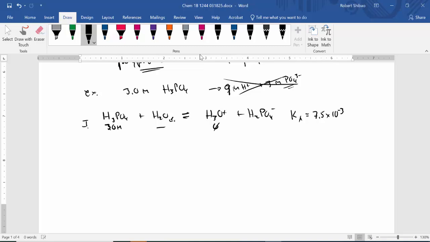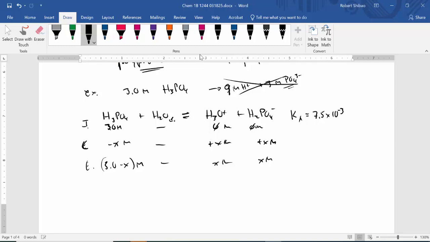All right, now what we're going to do is we're going to go ahead and calculate what happens here. So that it's going to be a change. Change is going to be minus X molar, plus X molar, plus X molar. And so at equilibrium, I'm going to get 3.0 minus X molar, and X molar, and X molar. I'm using the book's example here. The book picked 3 molar.